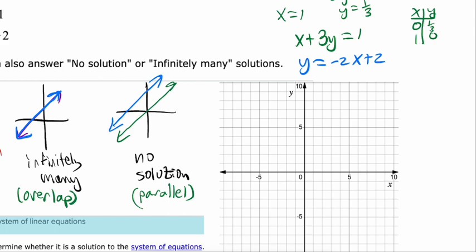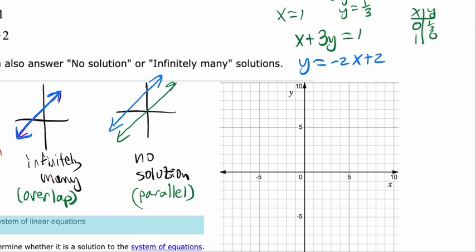So check my graph paper. You'll notice my graph paper is counting by ones this way, 1, 2, 3, 4, 5, and ones this way, 1, 2, 3, 4, 5. So it's perfectly counting by ones. Always check that. I can't guarantee the graph paper I put in there is going to count by ones. Most of it I think will. And let's graph it.